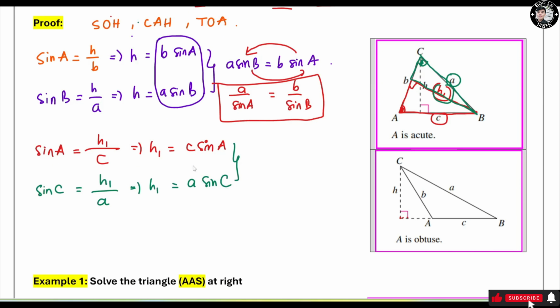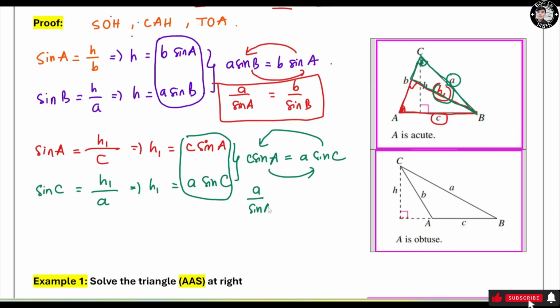So from these two, we're going to use the transitive property. It's going to be c sine A equals a sine C, right? Now, we're going to divide both sides by sine A and divide both sides by sine C. So does that mean a over sine A equals c over sine C, right?